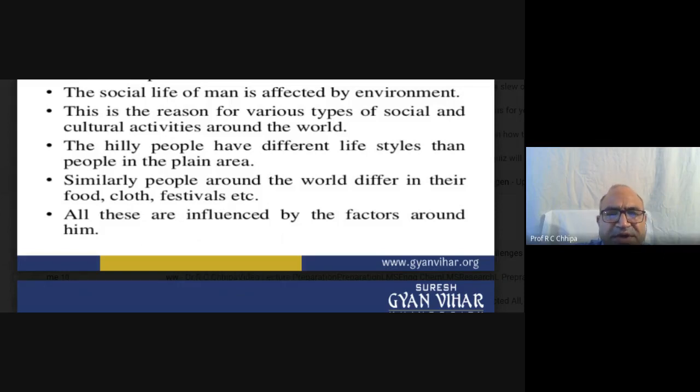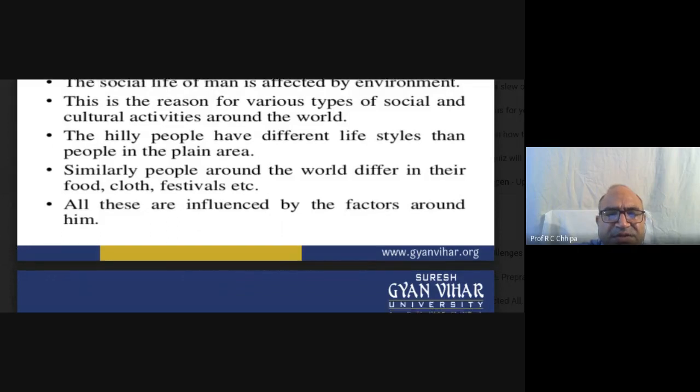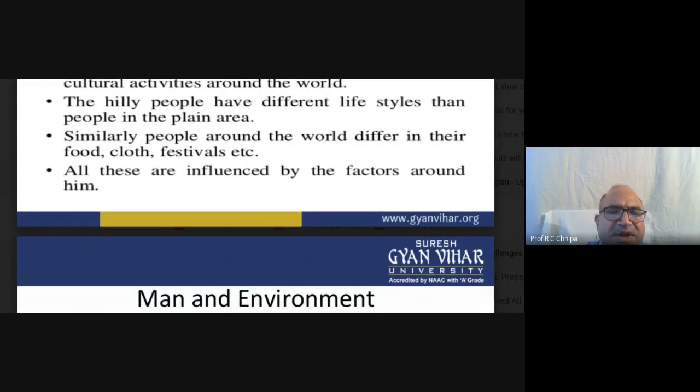Hilly people, for example, have a different lifestyle than people of the plain area. That is also a difference, because of the materials involved in the hill area as well as the plain area. So definitely they can be separated.